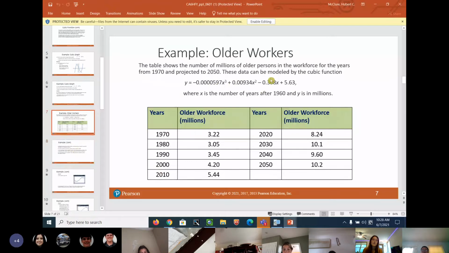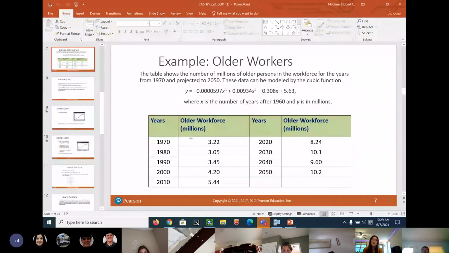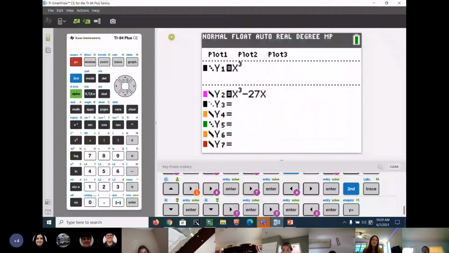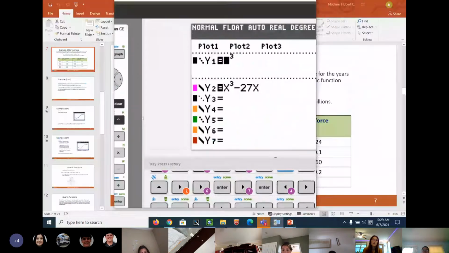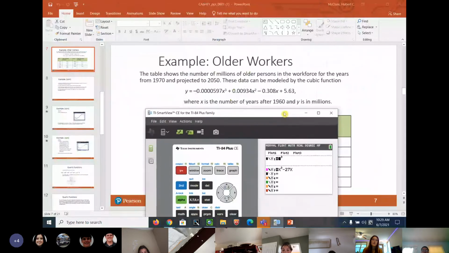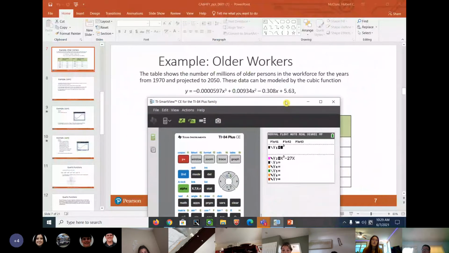I'm just going to graph it, where X is the number of years after 1960. So we go to our handy dandy calculator, make it smaller, move it over. I'm going to have to write it down because I can't fit the calculator in there on top of it.